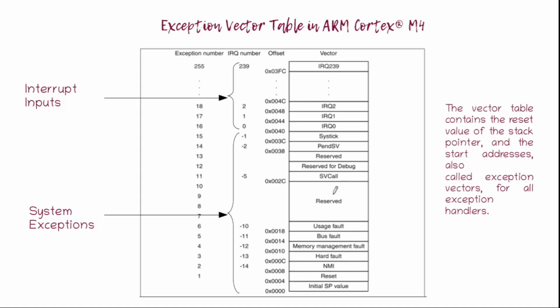Say an interrupt is raised, and the controller knows that it's IRQ0. There's a jump to the particular subroutine. In the case of Cortex M4, you have an address here. The processor is intelligent enough to know that it has to jump to this address. So it is not a jump instruction, it is just an address.